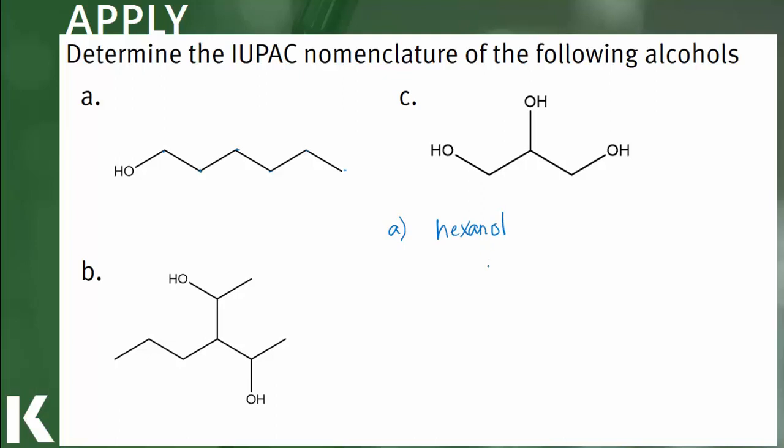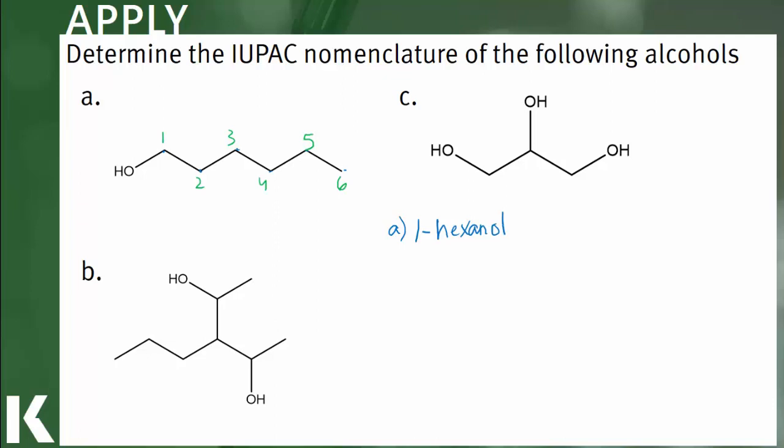Remember, we drop the E and we add the OL to indicate the hydroxy. And finally, we want to make sure to number the carbon chain so that the hydroxy group is on the lowest carbon. This molecule is 1-hexanol.